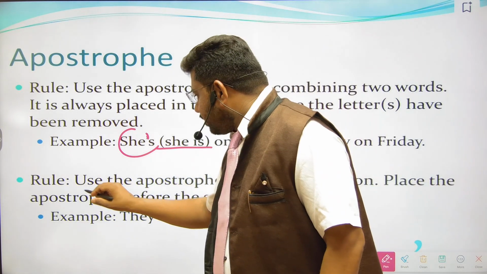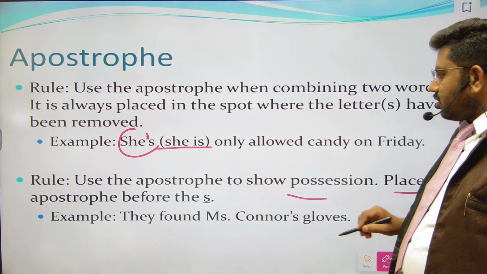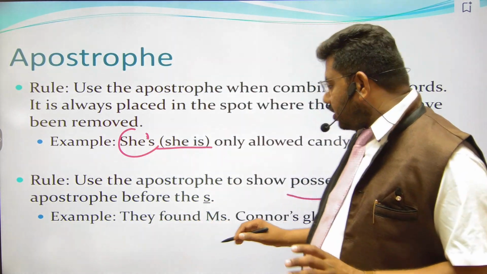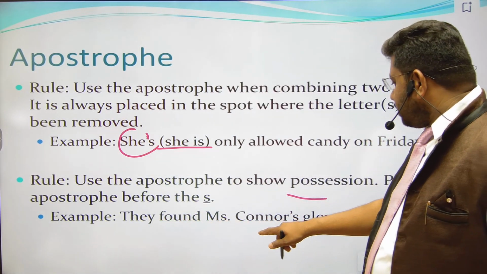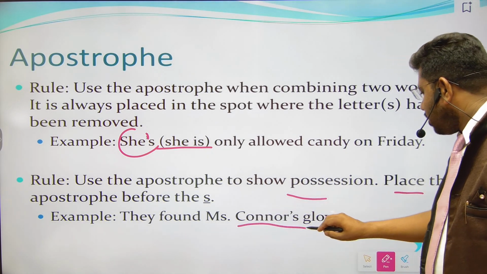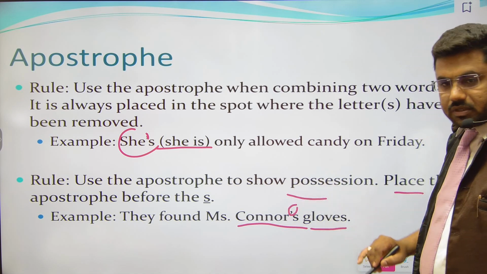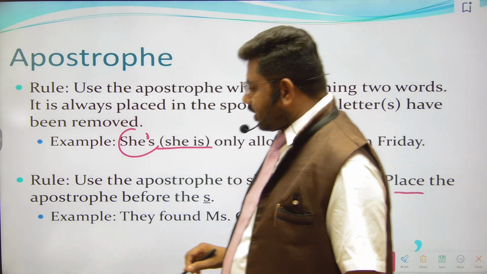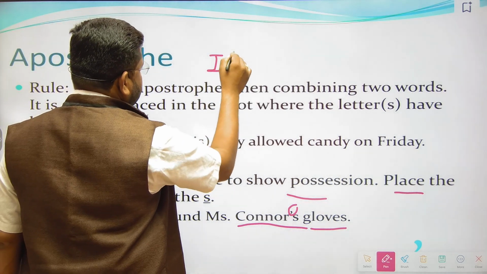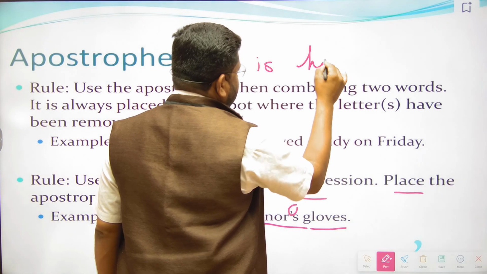Second one, use the apostrophe to show possession, or place the apostrophe before the s, and that is also another rule. They found corners, see here, corner's glove. Here also an apostrophe is given. Suppose we write his bag.